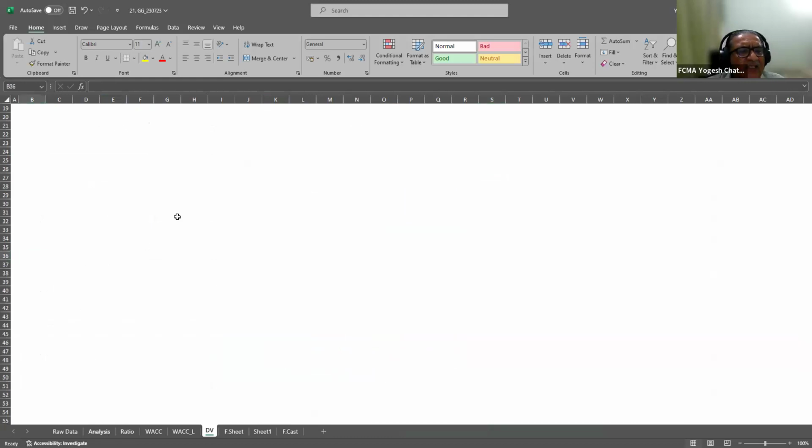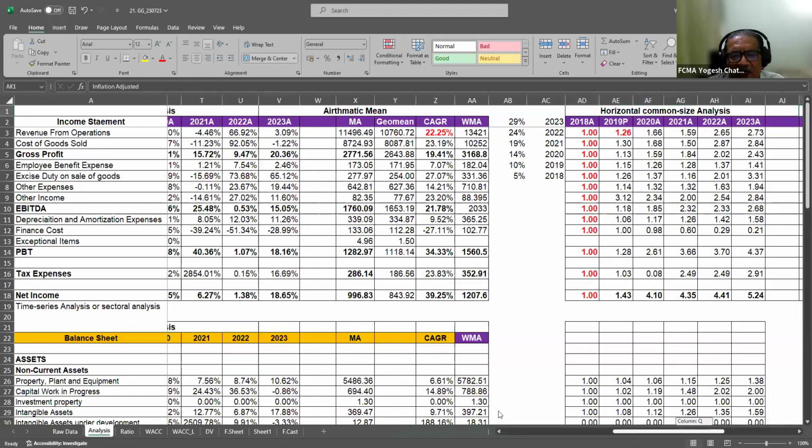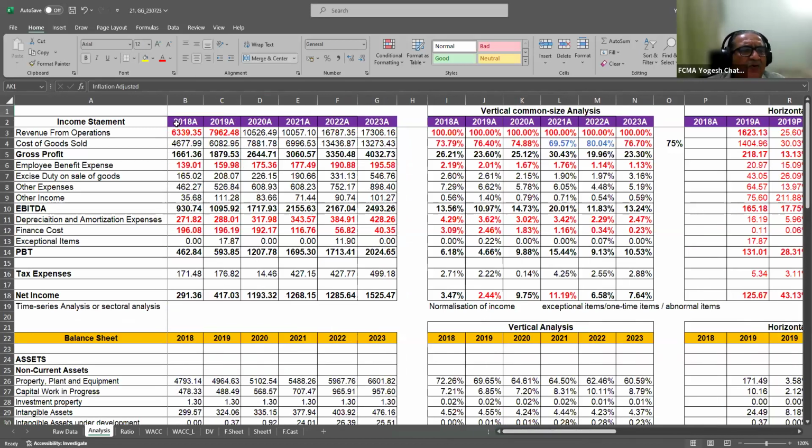So we have these numbers, and I require a chart on revenue from operation vis-a-vis EBITDA margin vis-a-vis net income. I want to construct a chart which will provide information about the revenue from operation, the EBITDA margin, and the net income. So I will select these years, then this EBITDA margin, followed by this net income.